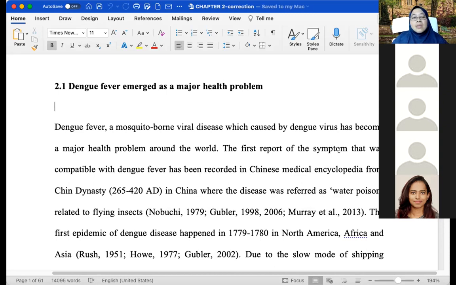The first section he has chosen not to call sections, but focus. The first is he talks about dengue in general, but trying to tell people that it is a major health problem.